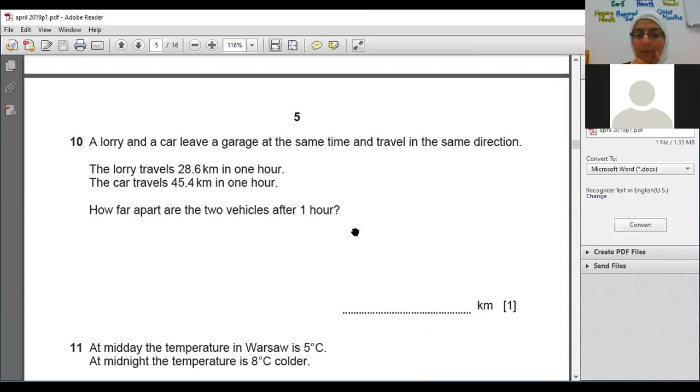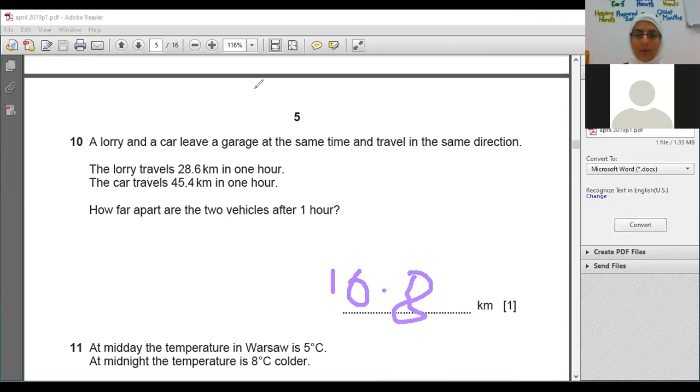You think about this, how far is one distant from the other? So simply you're going to make subtraction. And when you make subtraction, make sure to put the decimal points, each number under each place properly. And your answer should be 16.8.